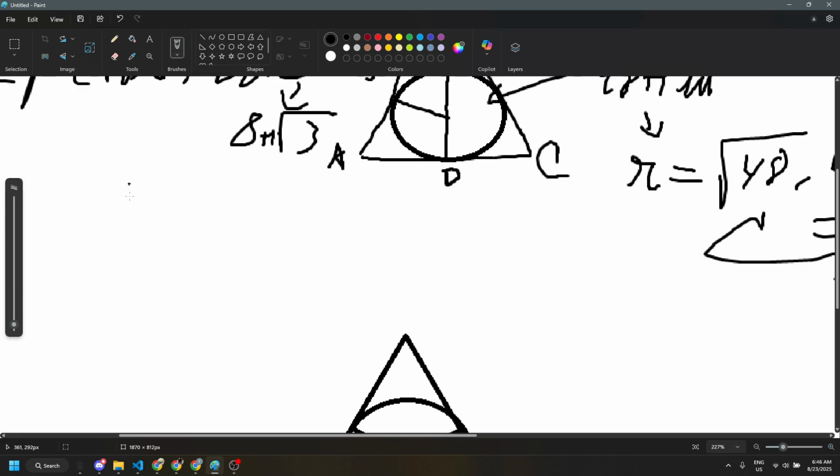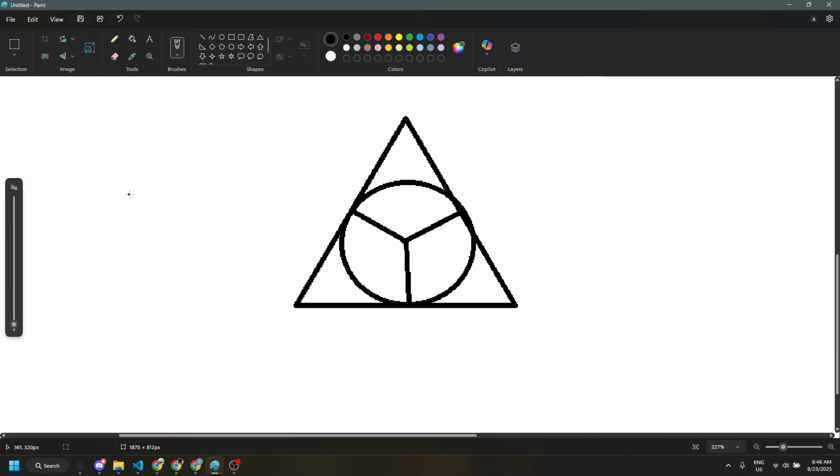Hmm, maybe we can find the area of the triangle this way. Or if we split it up like this, maybe then we can find something.